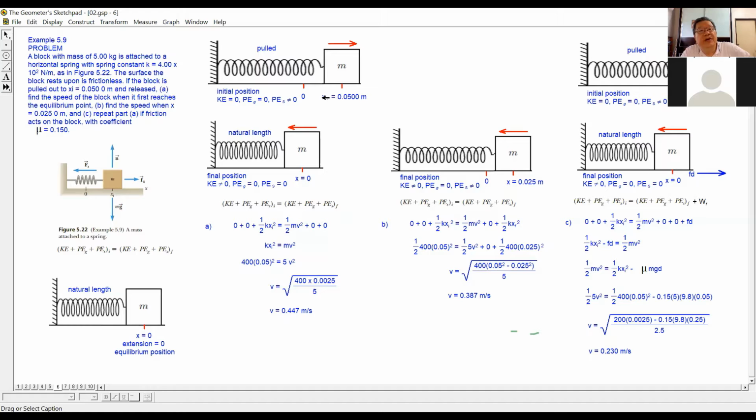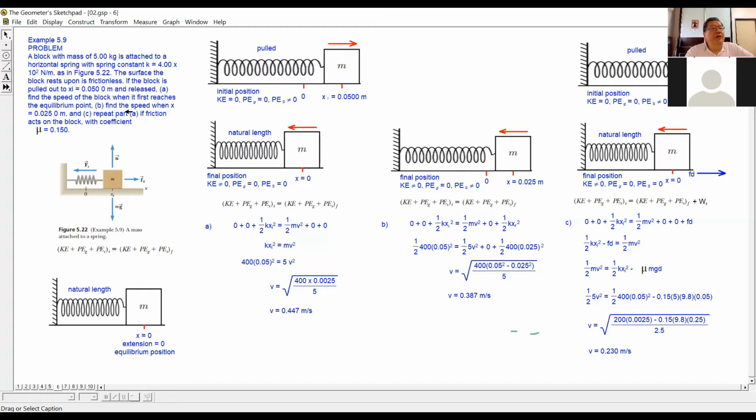I means initial. X0, here, x equal to 0 means the equilibrium position. This is the natural length of the spring where there is no compression or stretching. It's the natural length. This is the equilibrium position.